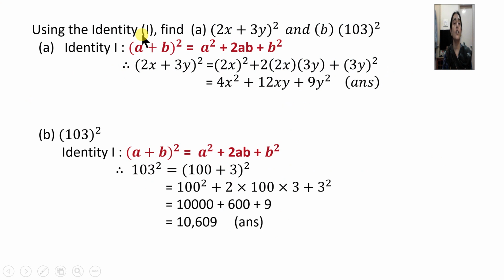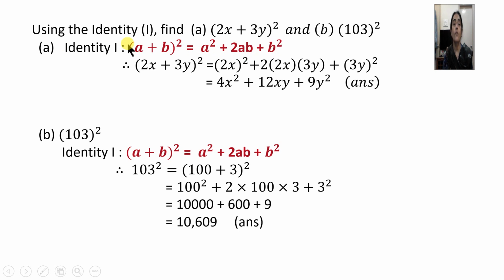Using identity 1, find 2x plus 3y the whole square, and the second one is 103 the whole square. Now identity 1 is a plus b the whole square, which is equal to a square plus 2ab plus b square.